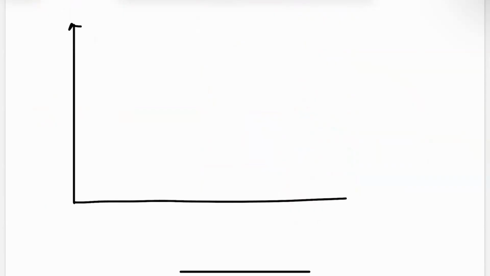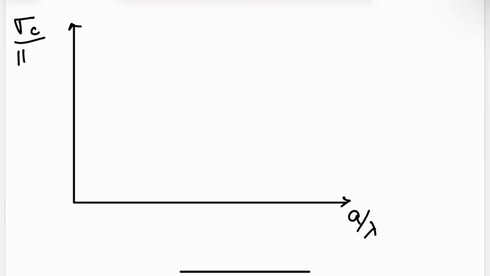Okay, so if you put these two facts together, what do we have? We have a plot that looks something like this. We have one axis, A over lambda, and the other axis is the RCS normalized by the physical size, the physical aperture.